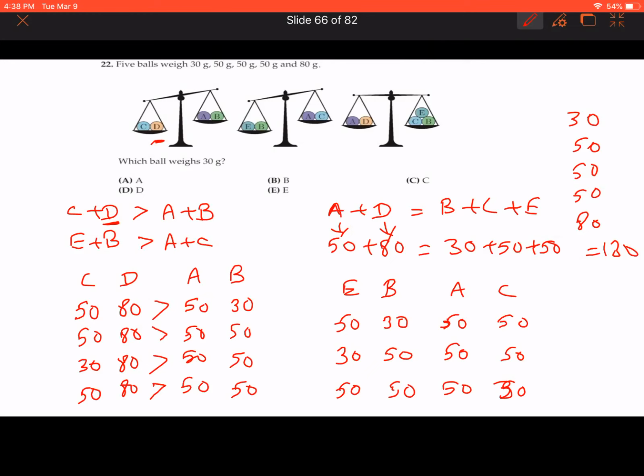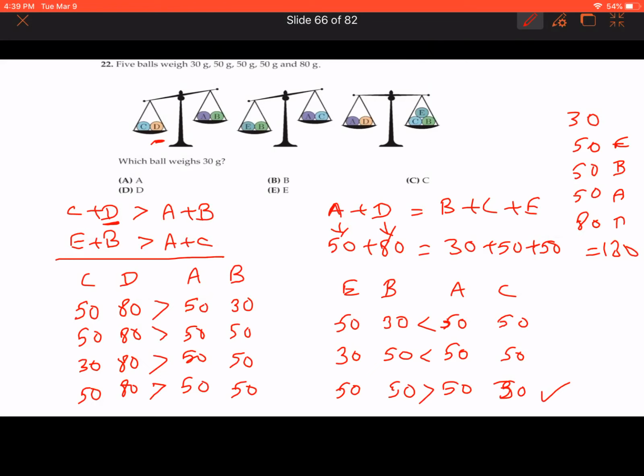So in this combination, this is greater, and this is going to be greater. So we want an expression which is E plus B is greater than A plus C. So this is the only expression which is giving it as greater. So that means we fix the values as E to be 50 and B also to be 50 and A also to be 50.